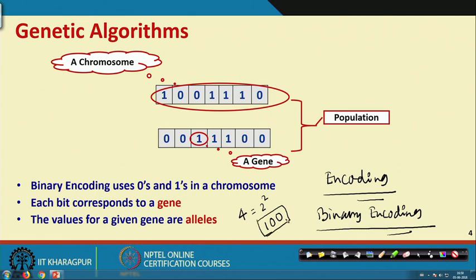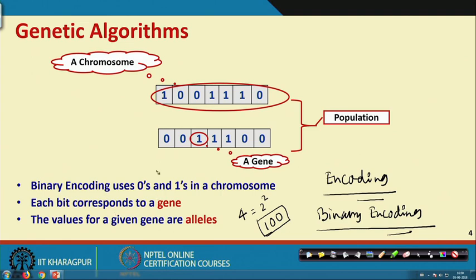So, this 1 0 0 is 1 into 2 to the power 2, 0 into 2 to the power 1 and 0 into 2 to the power 0. So, that is how binary numbers are written. So, you can represent some numbers through a chromosome, and that is called the binary encoding having zeros and ones.